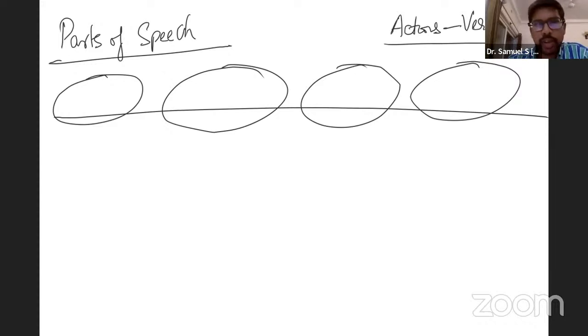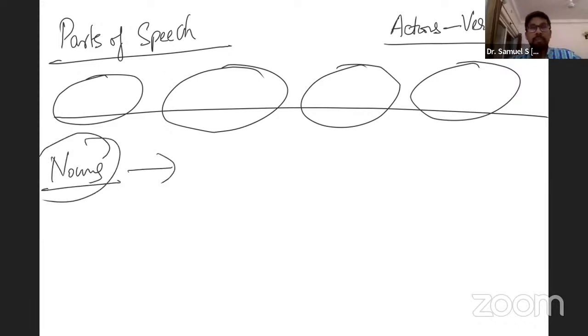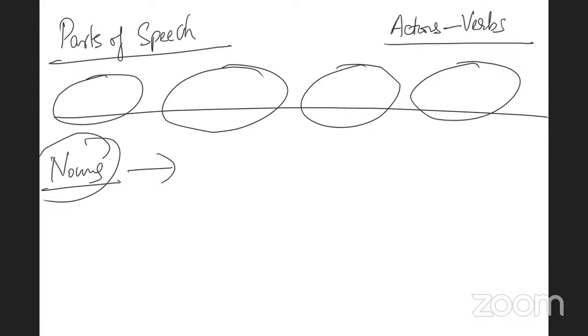One of the categories of words in a sentence are nouns. Can anybody give an informal definition of a noun? What's a noun? Naming word. Please say that one more time. Naming word. A naming word?